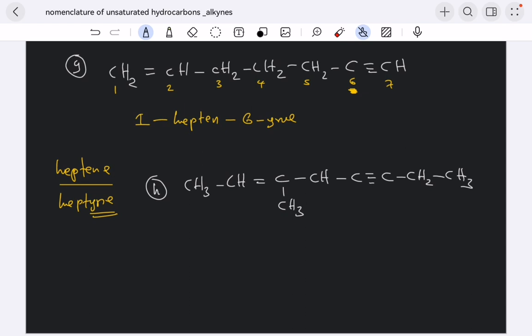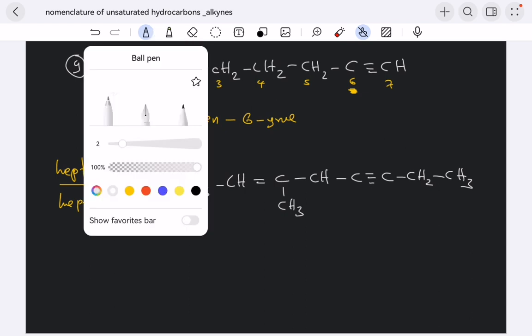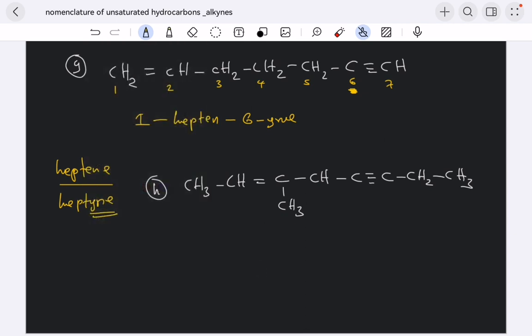So here our interest is to find the longest chain, and the longest chain in this case is 8. How do we start counting? The counting should start from the carbon closer to the double bond. So it's going to be 1, 2, 3, 4, 5, 6, 7, 8.